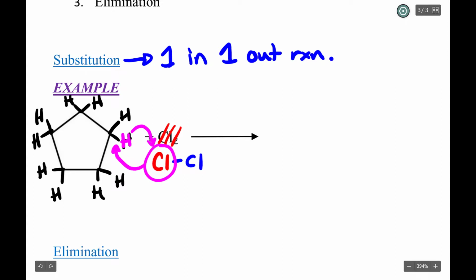So what's going to end up happening is we're still going to have a cyclopentane, but it is going to have 1 chlorine off of it. I'm going to color code it. So again, this is Cl, and then a byproduct of that is going to be HCl.